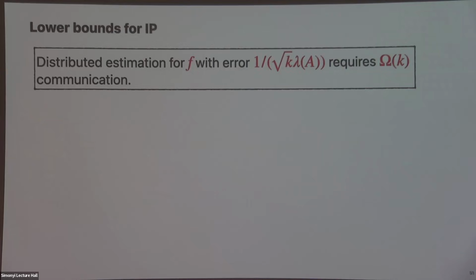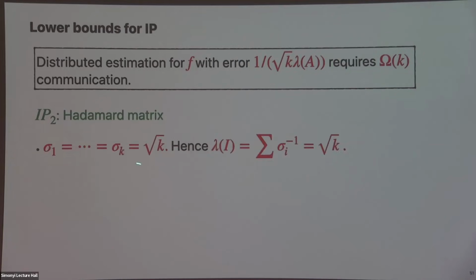Okay, how about we do something interesting? Let's do a lower bound for inner product. Here the matrix is the Hadamard matrix. Again, we know the singular values of the Hadamard matrix. All of them are root k, and this is extremal for this reason. But now this lambda I quantity is really small, because you're summing 1 over root k, k times.